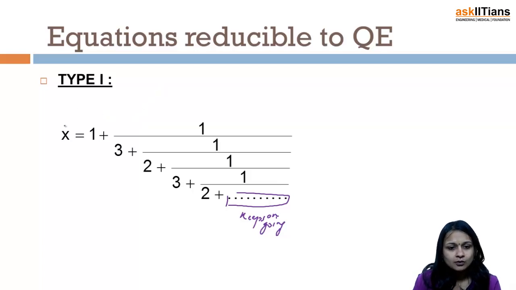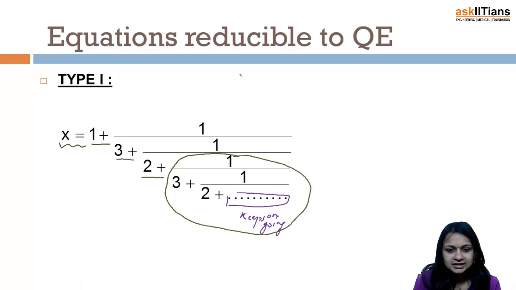Let's see how. What we have to do in this kind of question is identify from where I am getting repeated things. Now x is equal to 1 plus something, and now it is 1 upon 3 plus 1 upon 2 plus 1 upon 3. So I can say that this 1 upon 3, this whole thing, is again getting repeated.